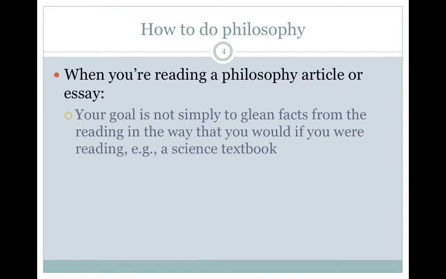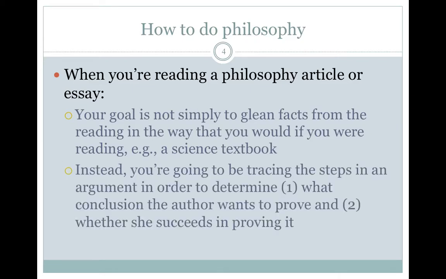So when you're reading a philosophy essay, this is the way you should think about it. You're not simply trying to glean facts from the reading the way you would if you were reading a science textbook, but you're also tracing the steps in an argument that the philosopher is making so that you can figure out what the conclusion is that the author wants to prove and whether she succeeds in proving it.